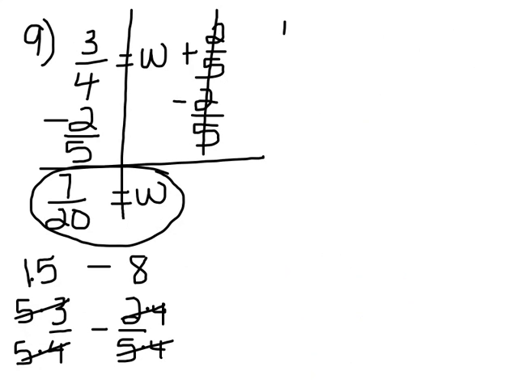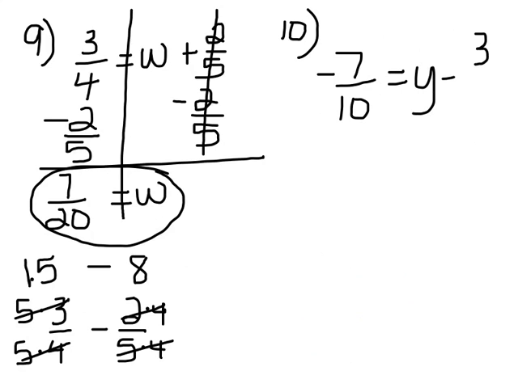And our last example, number 10, we have a -7/10 equals y minus 3/5. In order to isolate our variable of y, we'll need to add 3/5 to both sides of our equation.